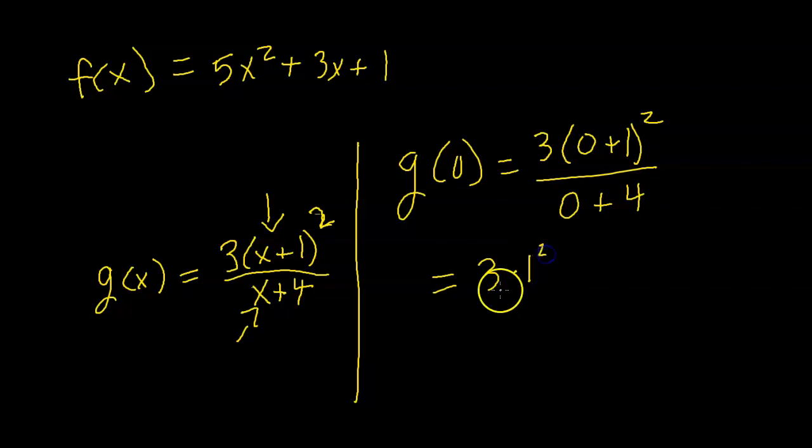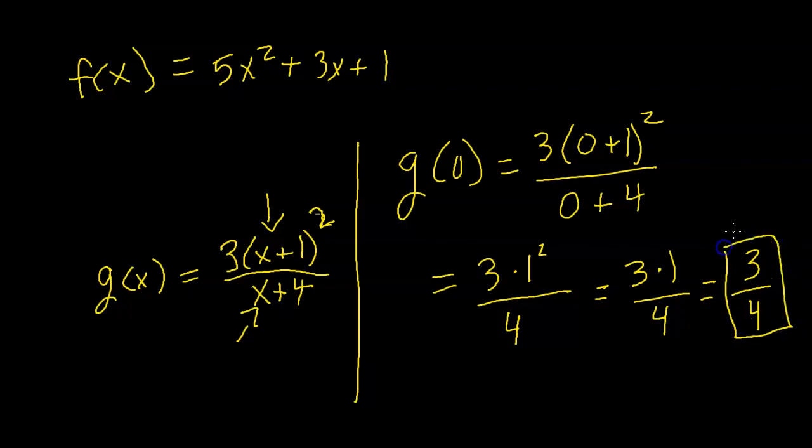So 3 times 1 squared over 0 plus 4, which is just 4. 3 times 1 squared is just 3 times 1 over 4, and not much changed. Our final answer is going to be 3 over 4. So g of 0 has the value 3 over 4. Or if we input the value 0 into the function g, the associated output will be 3 over 4.